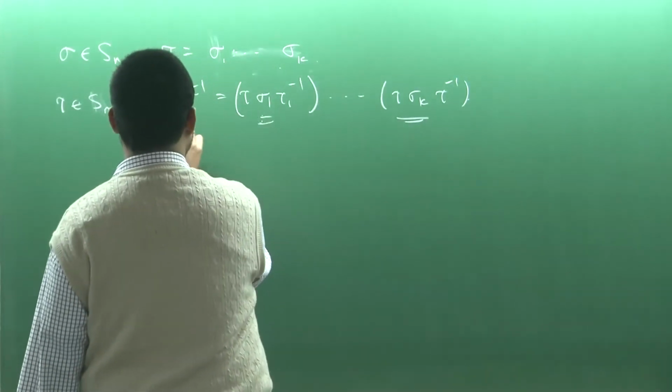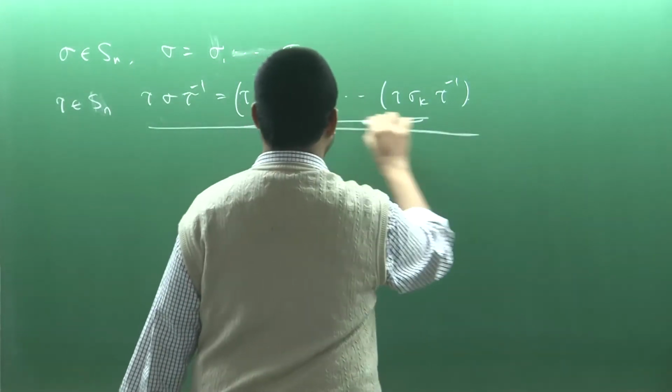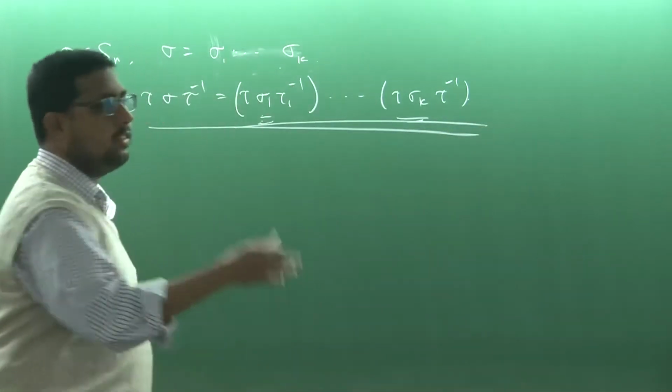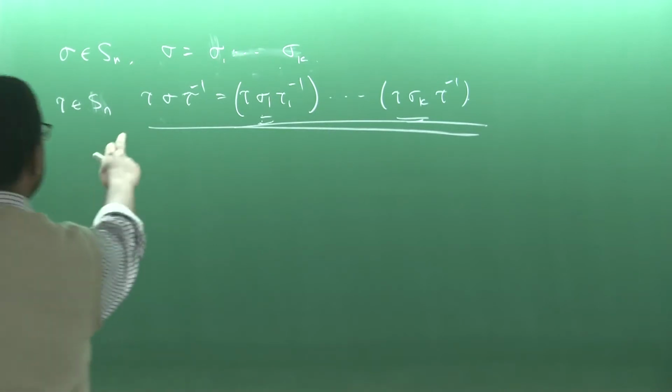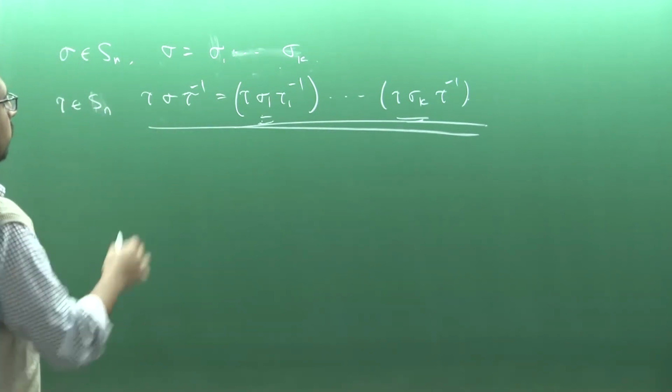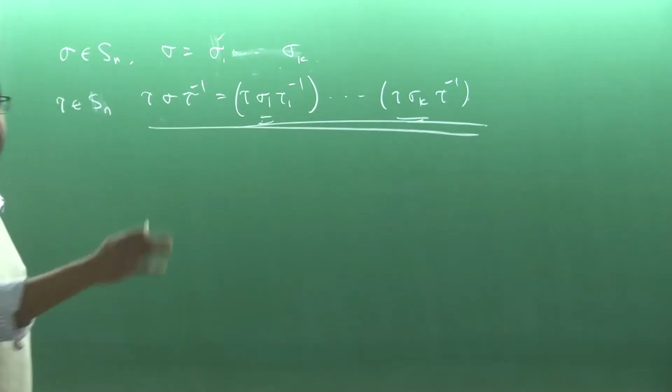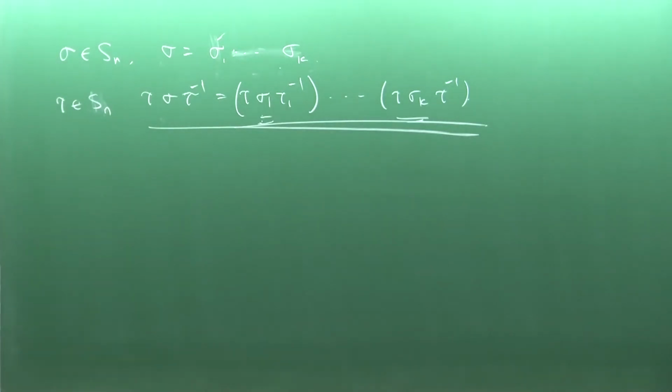So, this is nothing but the cycle decomposition of the conjugate tau sigma tau inverse. So, from the cycle decomposition of sigma we can obtain the cycle decomposition of any conjugate of sigma, right.